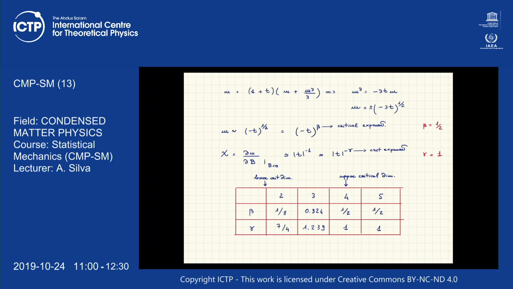But they are both 3-dimensional, and they both have uniaxial symmetry, which means that they have an order parameter that has inversion symmetry. Close to the critical point, the order parameter will vanish with this critical exponent in both cases. And the susceptibility will diverge with this critical exponent in both cases.